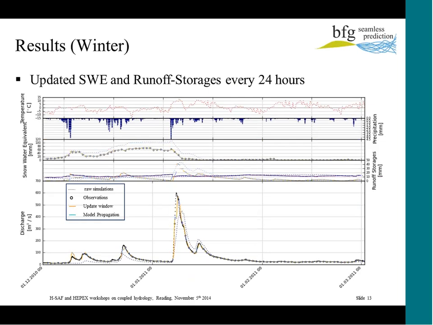So what we have done, indicated by those orange and light blue lines, is bring the modeled snow storage somehow in line with the observations, with some error included in it.